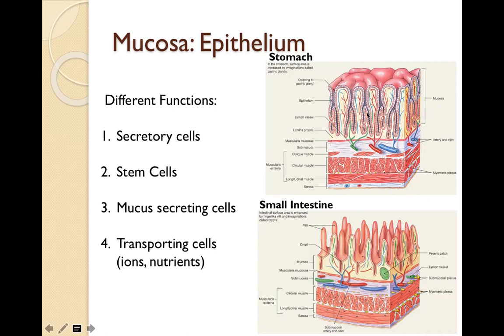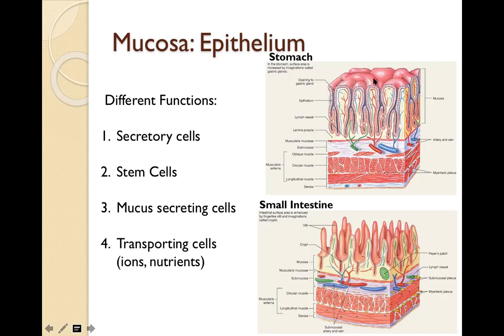In this epithelium, there are also mucus secreting cells. The stomach is very low pH, very acidic, and you wouldn't want the acidic substances to come into contact with the cells of the stomach. So these mucus secreting cells secrete a layer of mucus to protect the cells of the stomach from the acid.